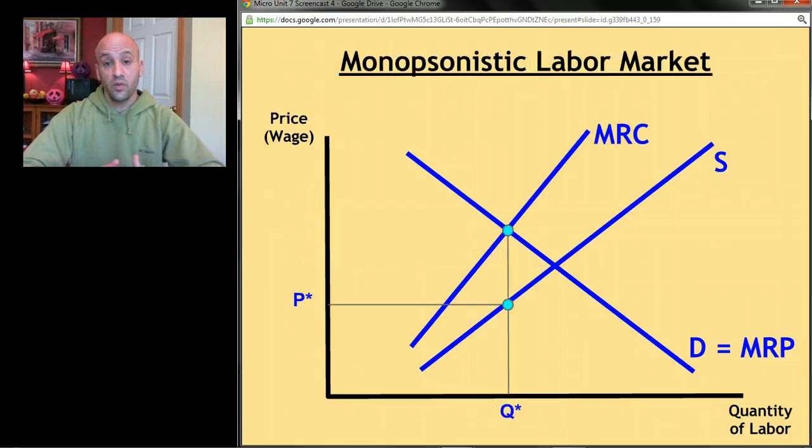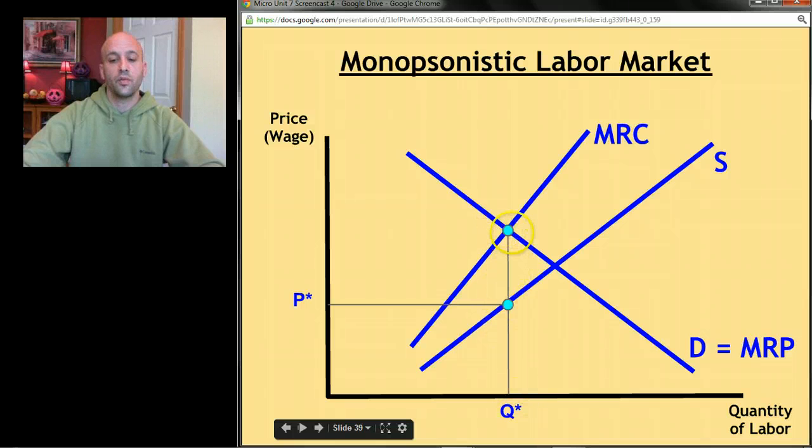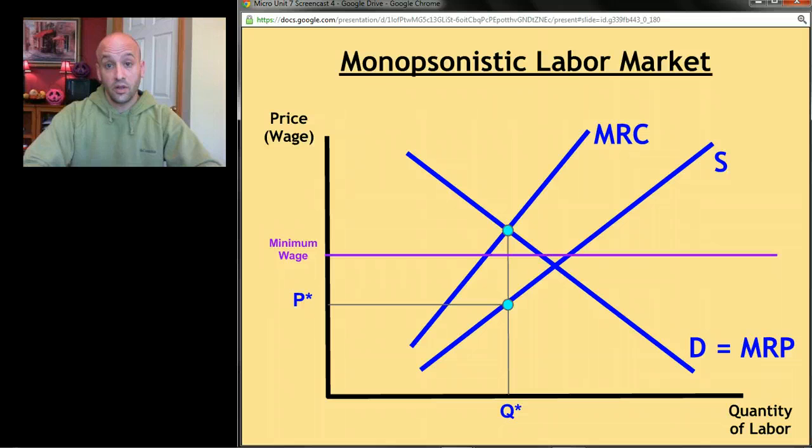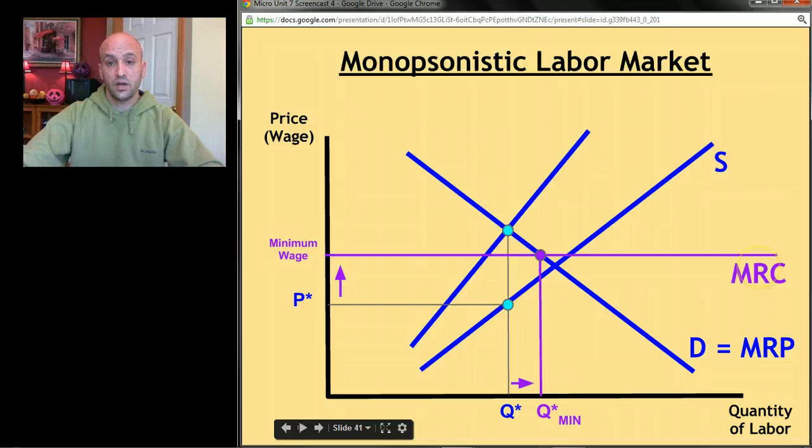But what if we were dealing with a monopsonistic labor market? Again, in a monopsony, we go to where MRP is equal to MRC, which is there. That's the quantity of workers. We go down to the supply curve to determine the wage. If a minimum wage law got passed here, it might look like something like this, right? A wage higher than the going market wage. Now, if that was the case, that minimum wage would actually become marginal resource cost, right?